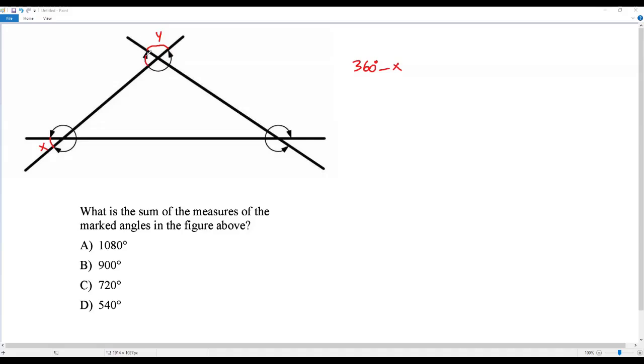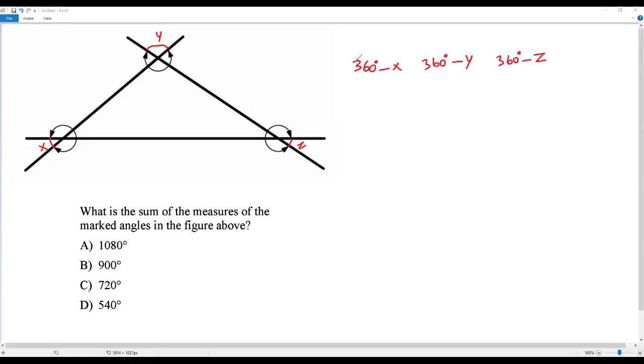To get the measure of the marked angle over here, I have to subtract the angle measure y from the angle of a full circle, 360 degrees. So the measure of the marked angle over here is 360 degrees minus y. Let me write that here. Now let me assume the angle measure over here as z. To get the measure of the marked angle over here, I have to subtract this angle measure z from the angle of a full circle, 360 degrees. So the measure of the marked angle over here is 360 degrees minus z.